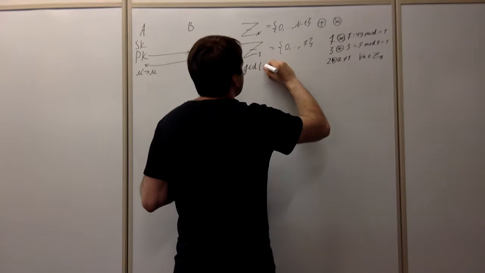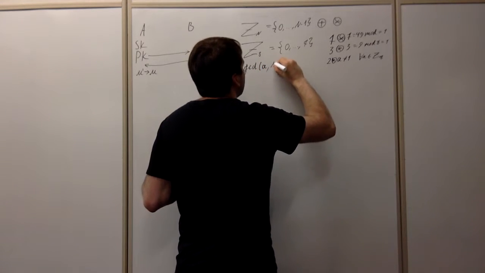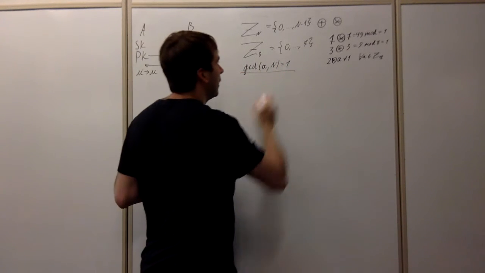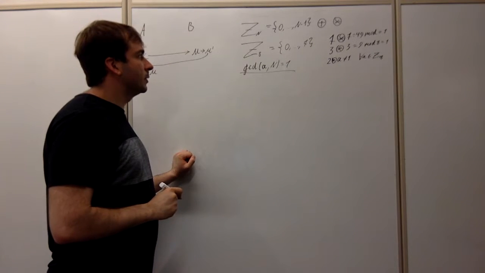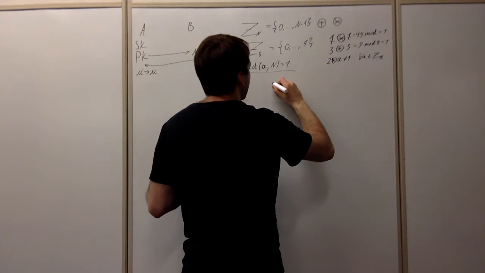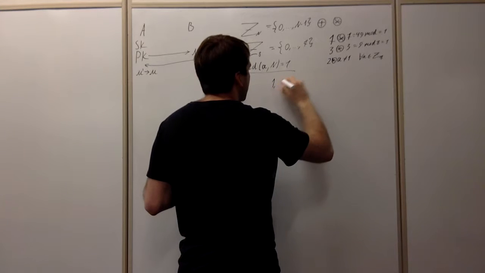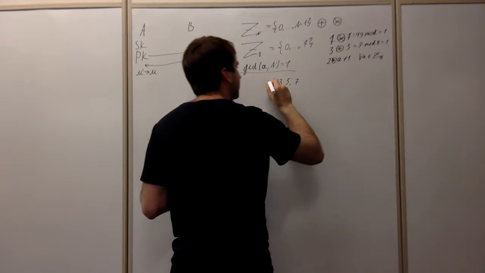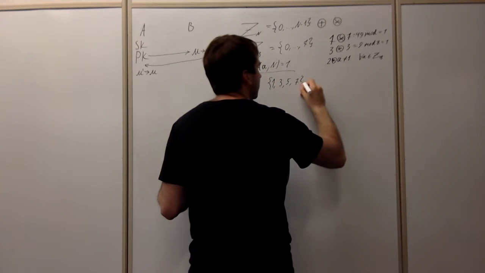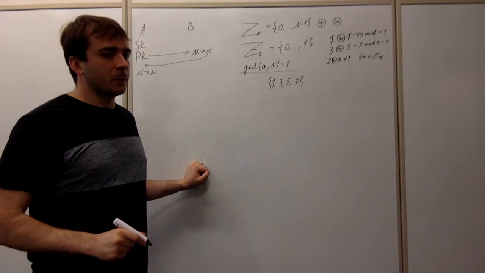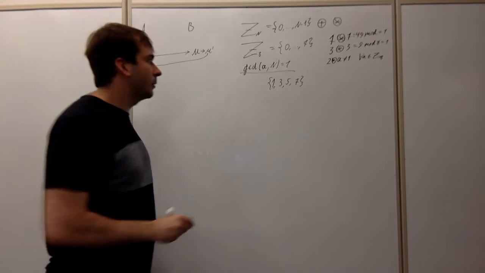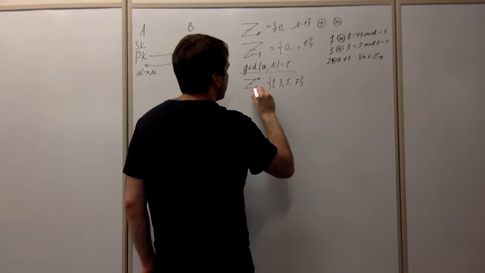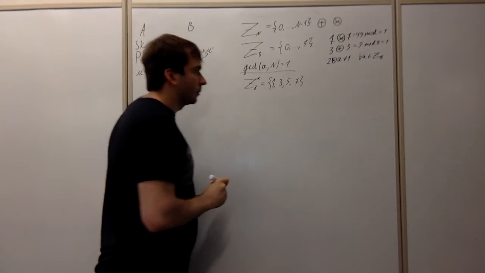In other words, the greatest common divisor of n and a is equal to 1. So for the ring Z8, the following elements are revertible: 1, 3, 5, and 7. The set of revertible elements for the ring Zn is denoted as Z star n, and in this case, we have Z star 8. Okay.